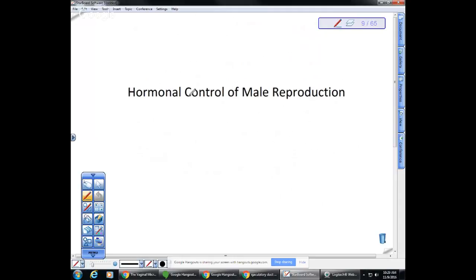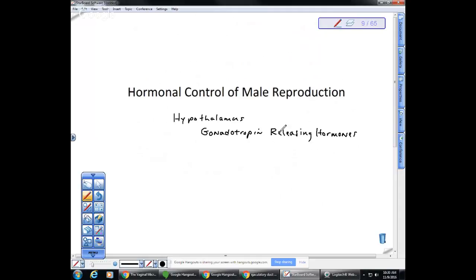Okay, so in our hypothalamus, we have a hormone that's produced, which is called the gonadotropin releasing hormone. So this is a hormone that causes the release of other hormones.